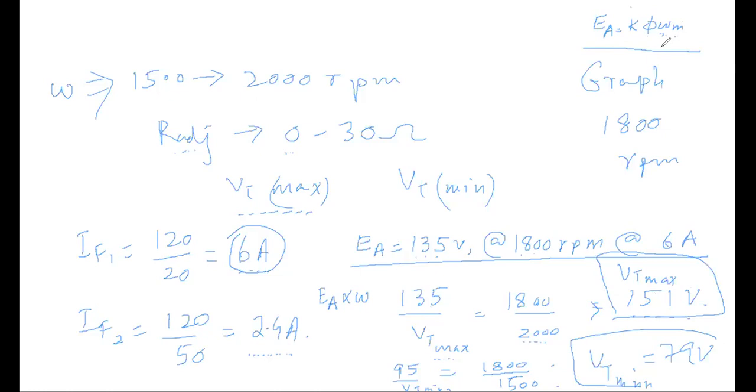But between these two operating points, I could make my phi constant. How I can make my phi constant? Because the graph is given to me at 1800 RPM. So I can investigate the numerator for the same phi value as the denominator. So I can get rid of both K and phi.